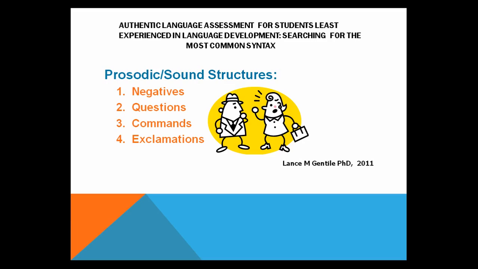Prosodic structures shift the tone of the voice and reveal a command or an exclamation as well. So you can say the same thing, the same words, and yet say 3 different things. For instance, you could say, there's a doctor. You can say, there's a doctor? You can say, there's a doctor! And you have 3 completely different meanings.